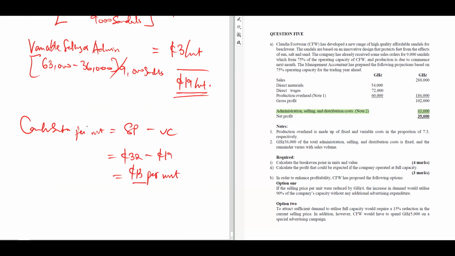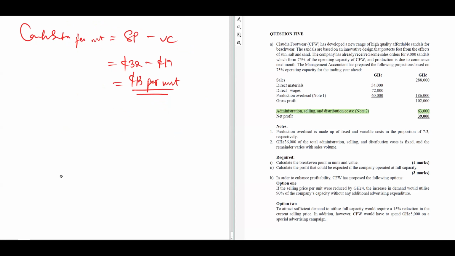You see, every question has its own style. Have you noticed? So now that we have contribution, we need fixed costs.